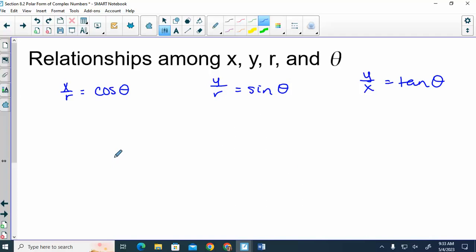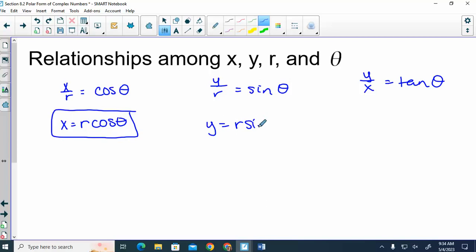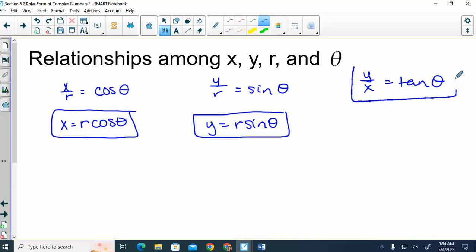So in terms of looking at these, x is r times the cosine of theta. So if we're looking for an x value, we can do r cosine of theta. y is r times the sine of theta. Tangent equals y over x; we already used that when we were finding the direction angle.